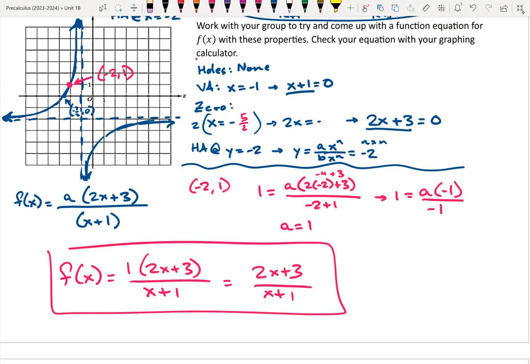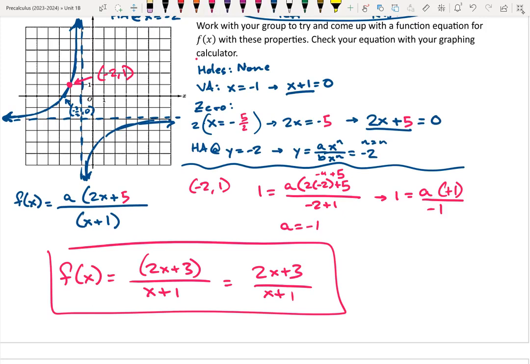That would be negative 5 right here, which would tell me that should be 2x plus 5. So let's make that adjustment. That would be 2 times negative 2, which is negative 4, plus 5, which would give me a positive 1, which would mean my a would be negative 1.